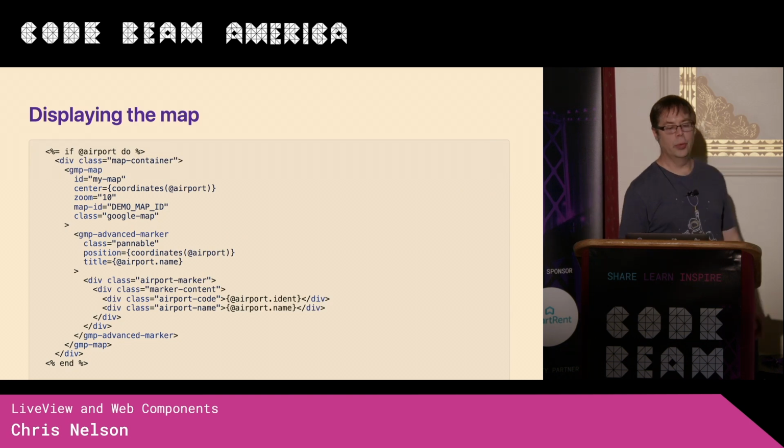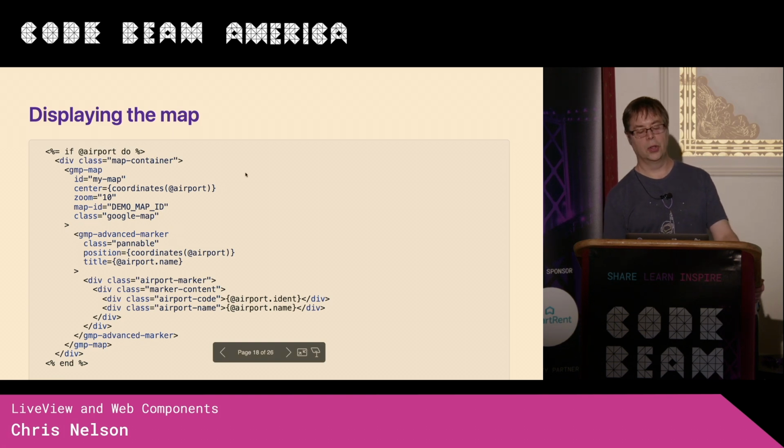Finally, when we are displaying the map, if an airport hasn't been chosen, this is what it looks like. And this is just really plain old LiveView code. There's really not anything much special to see here. We just happen to use some elements that are custom elements for the map. And then inside of the map, we have our marker. And then inside of the marker, we have the actual content that's being rendered for the marker itself.